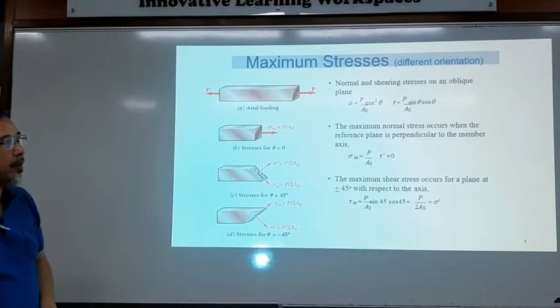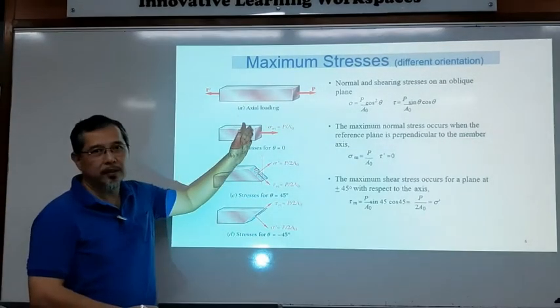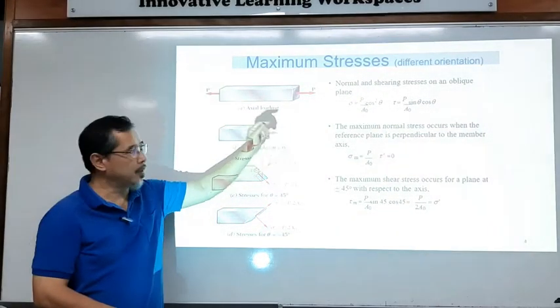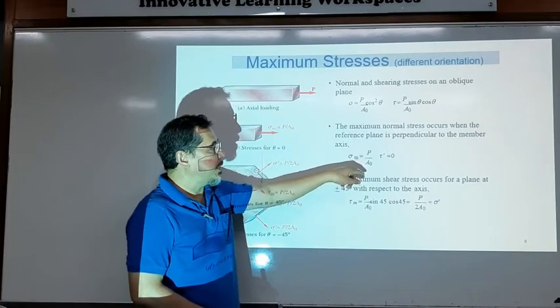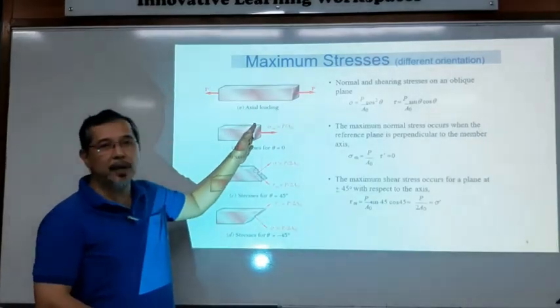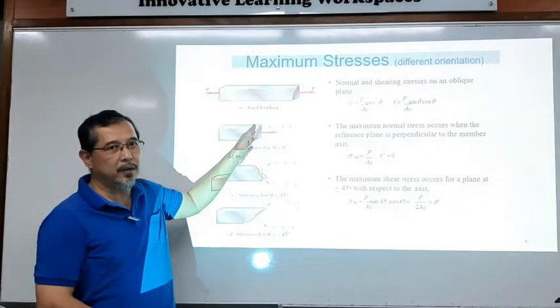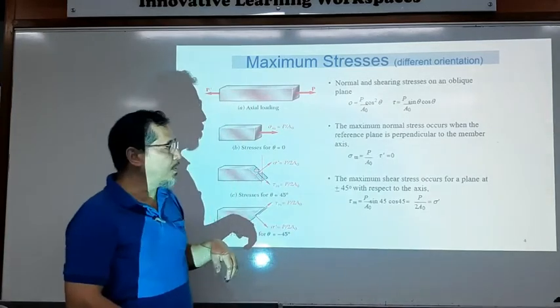The maximum normal stress from those equations is found when the surface is perpendicular to the direction of the load. So the maximum stress is P over A0, while in that condition we do not have a parallel component of the load, so tau, the shear stress, is 0.